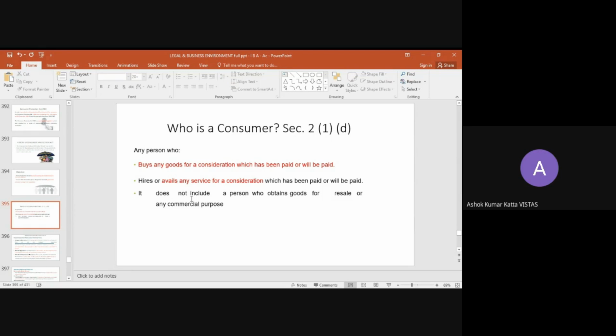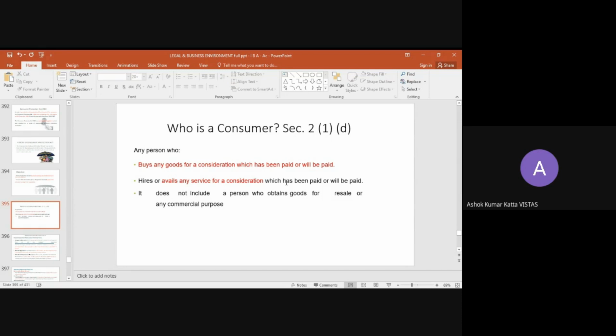Now according to the Consumer Protection Act 1986, section 2, subsection 1(d), the consumer is the person who is directly buying the product for their consumption.